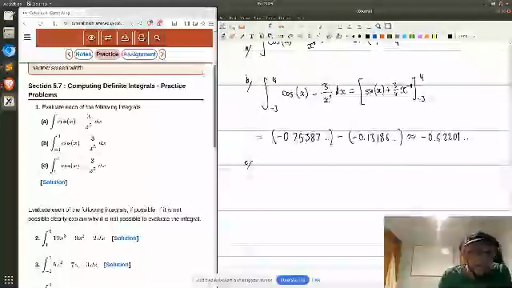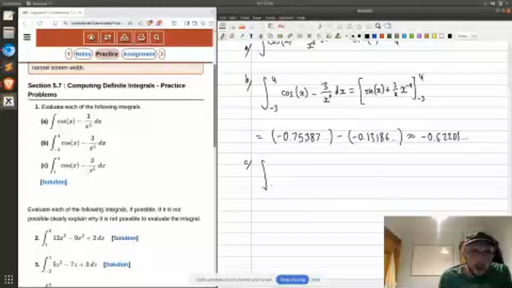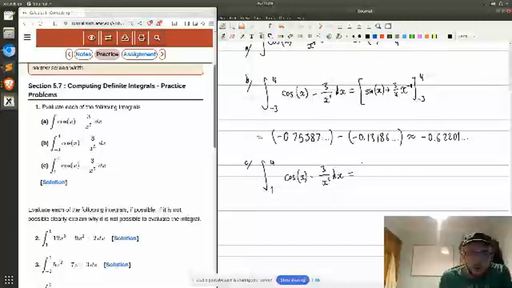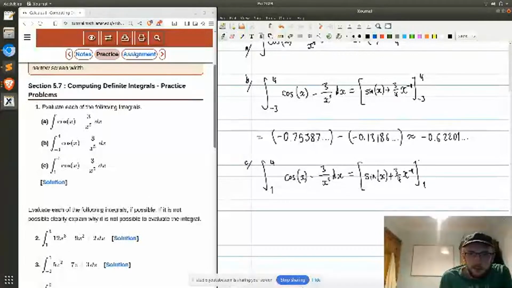And now, compute the definite integral from 1 to 4 of that function we've been working with. So what I will do is just build on what I've already just calculated. Make sense?